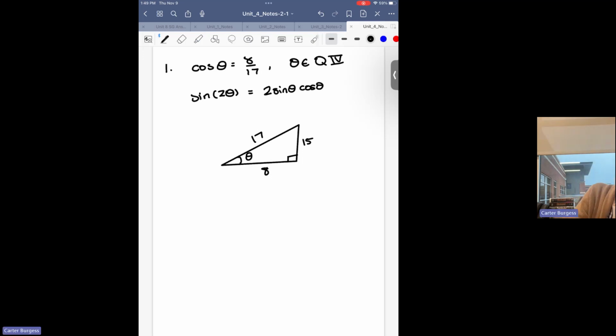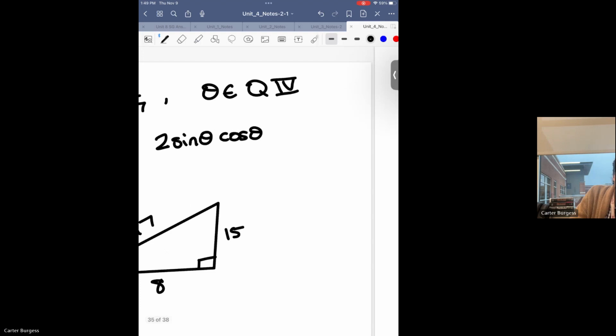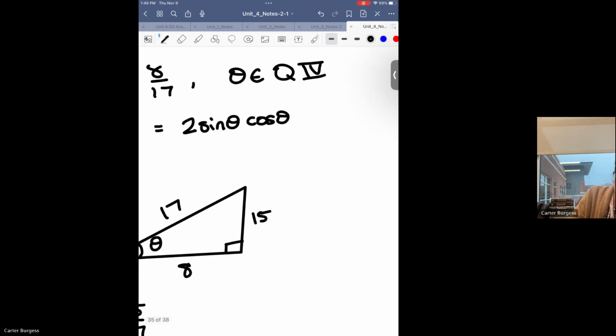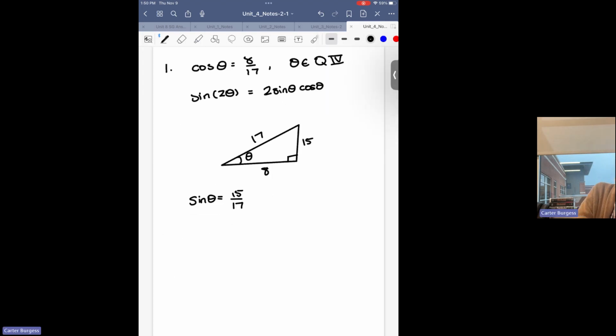And so what is sine of theta? 15 over 17, positive or negative? What quadrant is theta in? We're in quadrant 4, where sine is negative. So a negative 15 over 17.